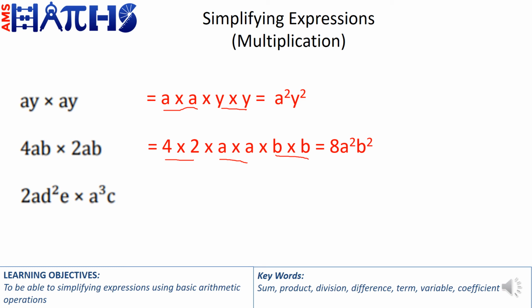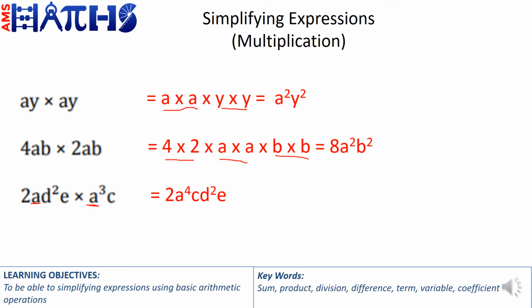And our final example on this slide is to multiply 2ad squared e times a cubed c. And so for this solution, we would have only 2 in our question, so no number to be multiplied by besides 1. So it's just 2 times 1. It's 2. We have 1a here. Then we'd have 3 a's here. That would multiply with that a.